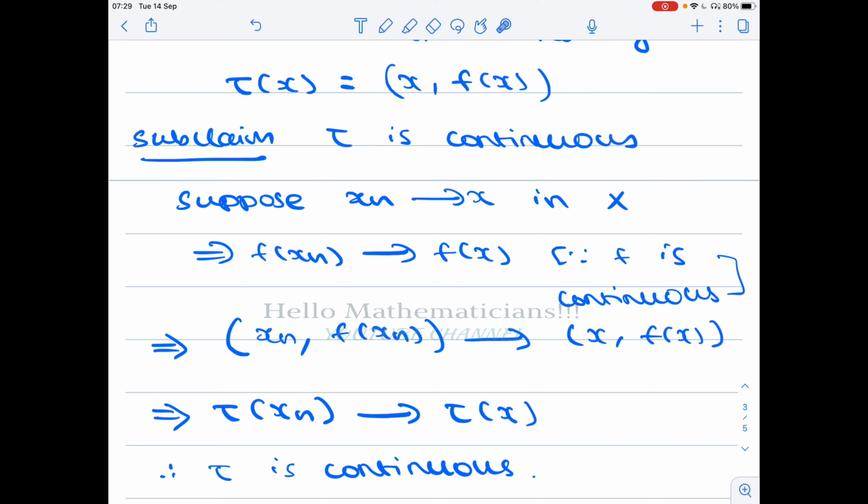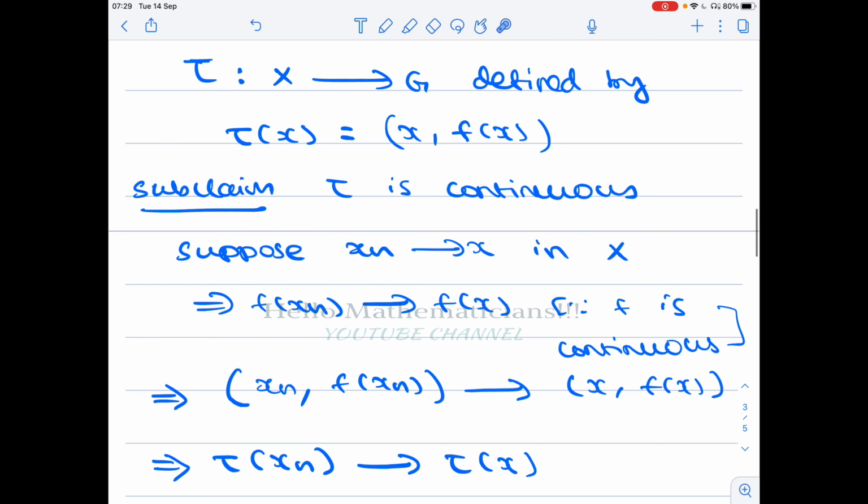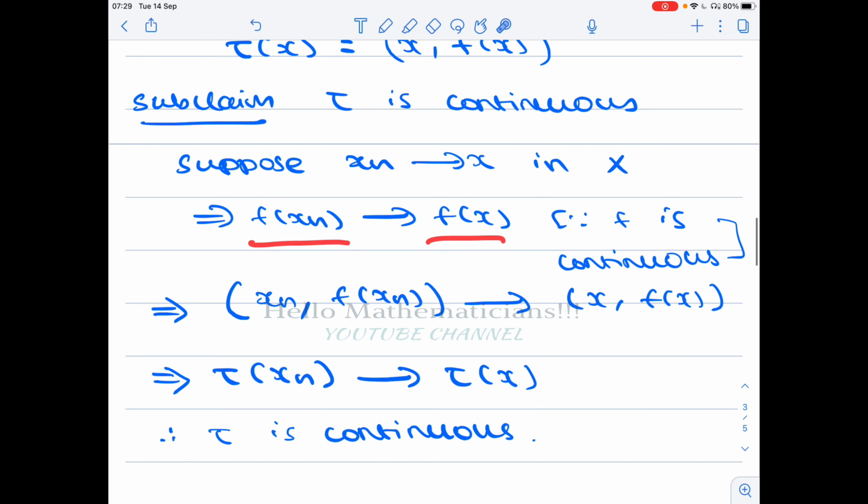Suppose xn converges to x in X. We claim that tau of xn converges to tau of x, to prove tau is continuous. Since xn tends to x and f is a continuous function from X to R, f of xn converges to f of x. So now we have xn converges to x and f of xn converges to f of x, which means the sequence (xn, f(xn)) converges to (x, f(x)).